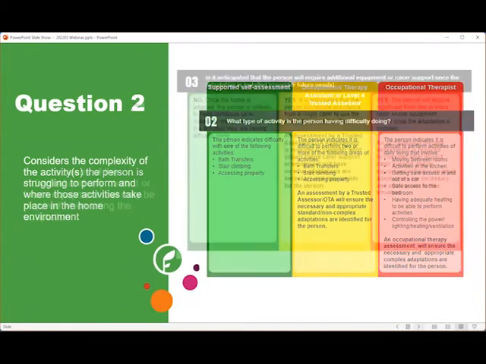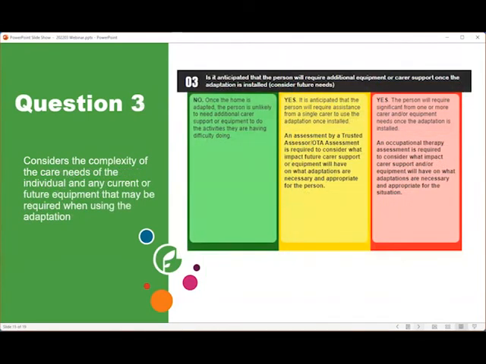The third question. So this one is: are there any anticipated needs around additional equipment or care or support that might be needed once the adaptation is installed? Again, the idea being that if it's anticipated that a person might need equipment or care involvement, then that makes it more complex, because it's about thinking about the impact around what you're recommending as being necessary and appropriate, and unpicking that.